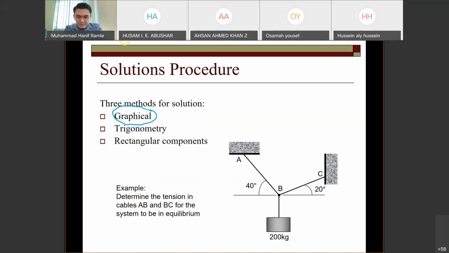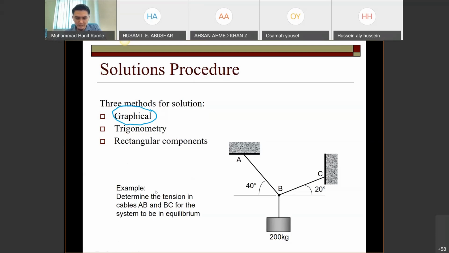So we will go straight to trigonometry and rectangular, and I will show you how to use those methods. For this problem, this is the simple system that you have to solve.